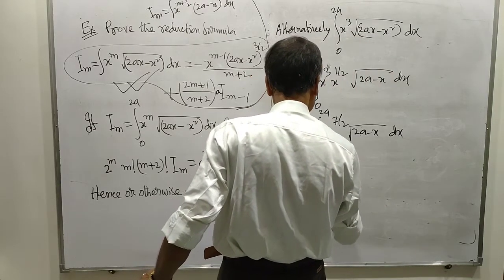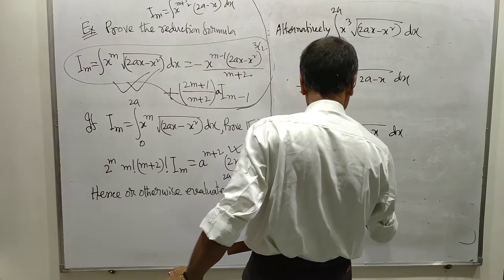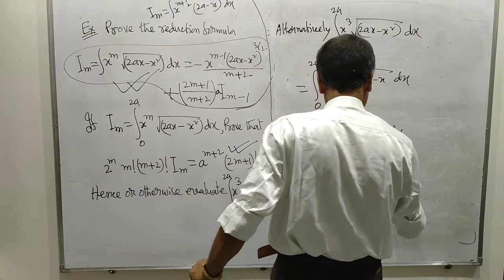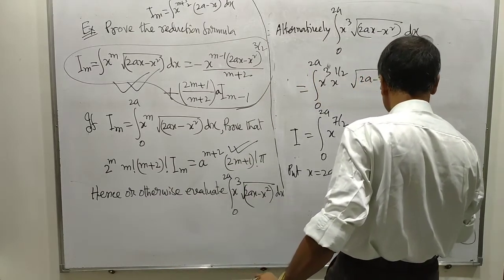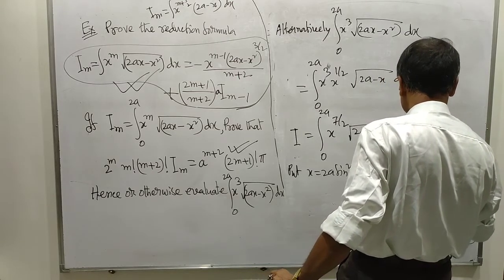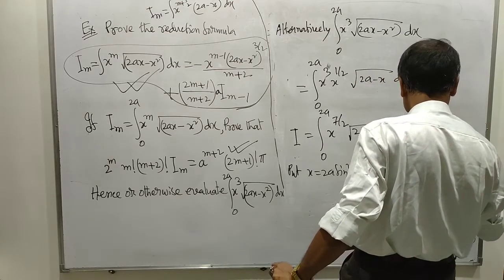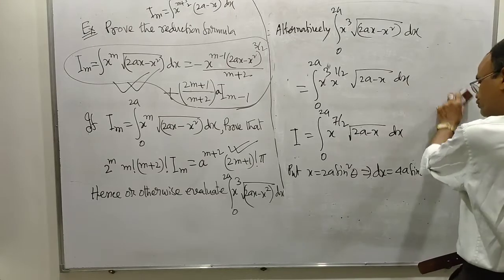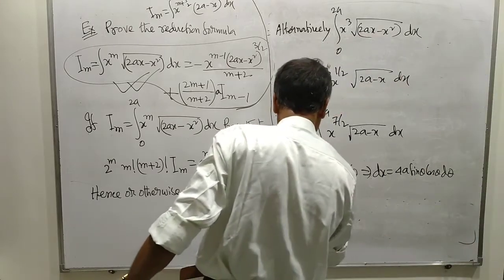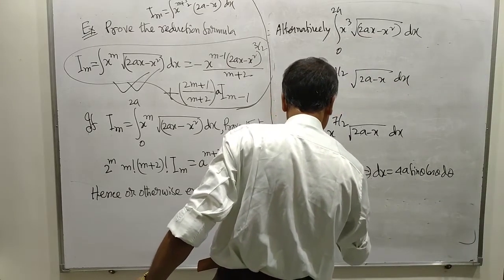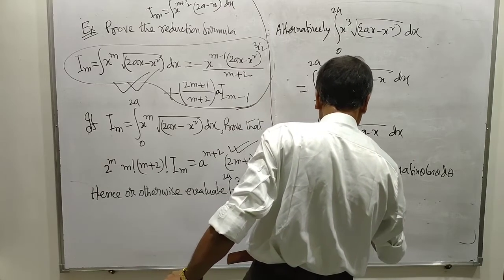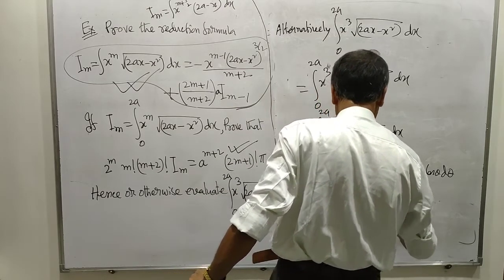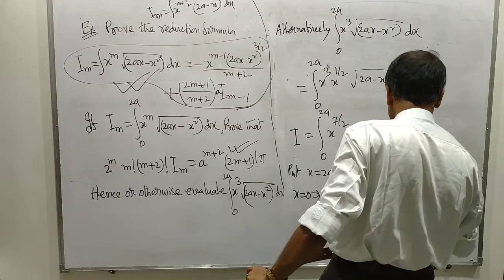Now put x is equal to 2a sin square theta. Very simple. This means dx equal to 4a sin theta cos theta d theta. X equal to 0 implies theta equal to 0. X is equal to 2a implies theta is equal to pi by 2.